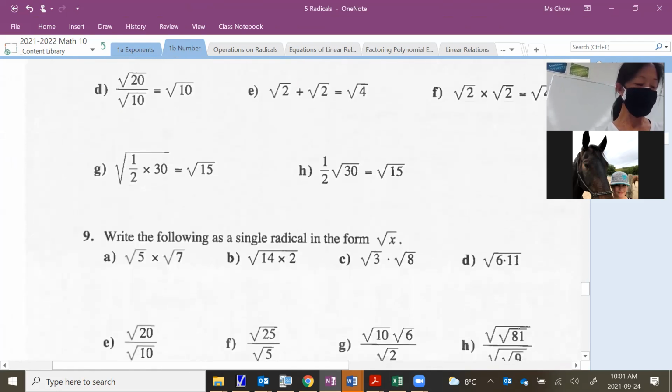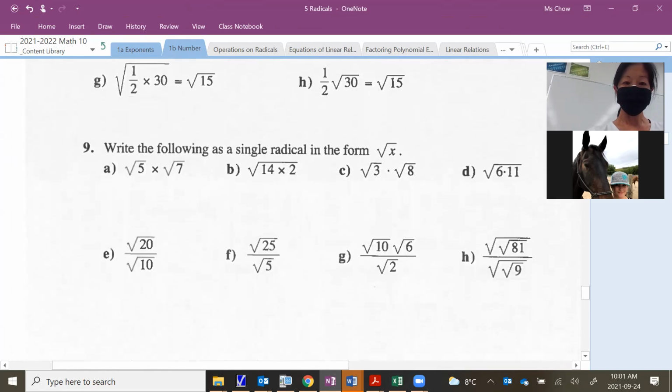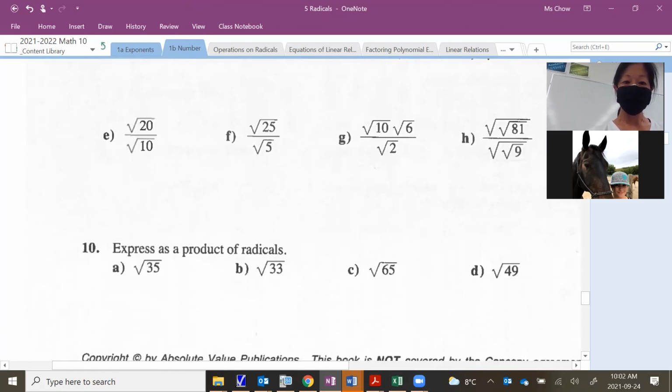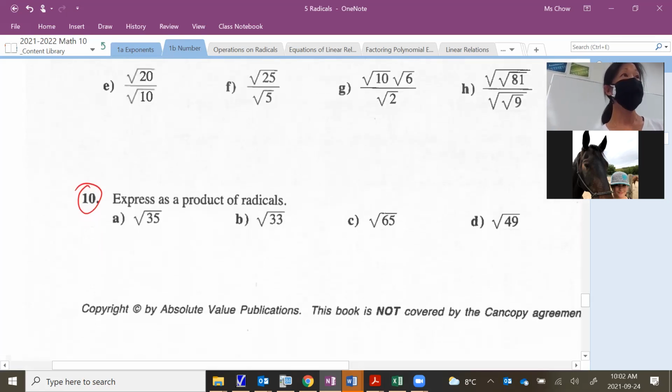True and false. And 9 and 10. Where's 10? There's no 10. Oh, after 9. Okay.